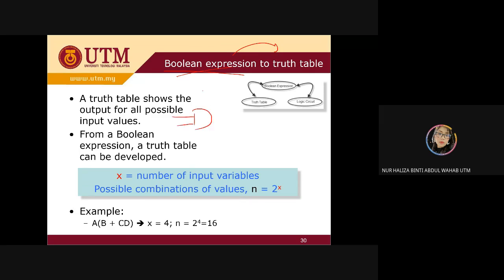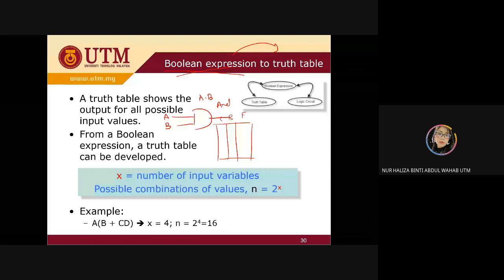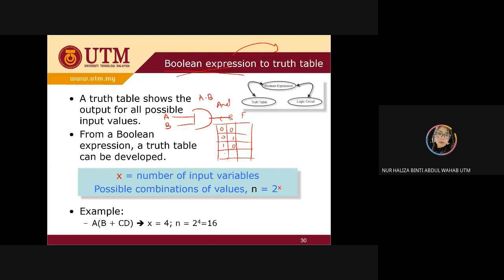Let's say you have A dot B. Last time you learned the AND gate and how the truth table looks like: 00, 01, 10, 11, and you have the output like this. If you still remember, this is how you get from the Boolean expression to the truth table. From the truth table, you know how to get the Boolean expression.